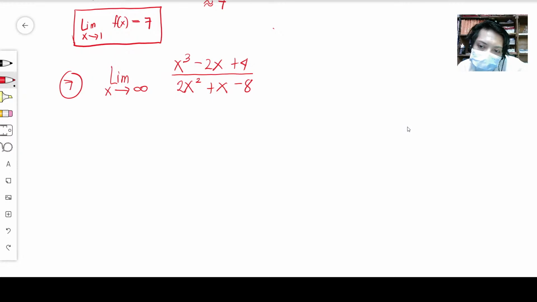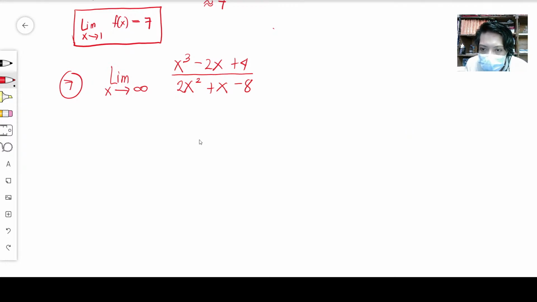The limit of x cubed minus 2x plus 4 all over 2x squared plus x minus 8 as x approaches infinity. Okay, so how do we solve for the limit of this type of function when x approaches infinity?